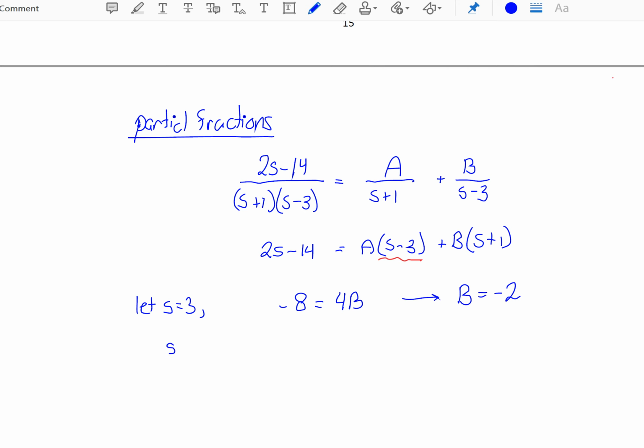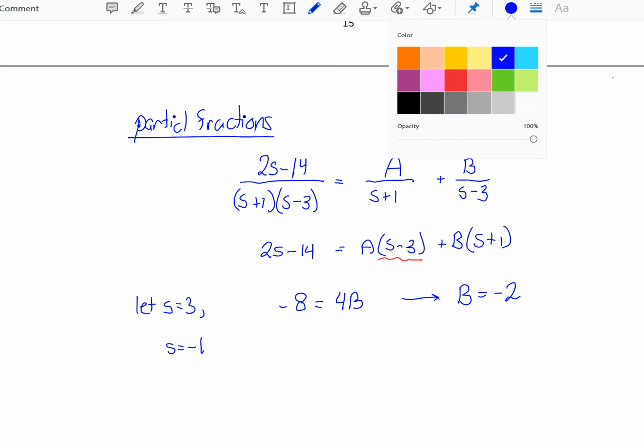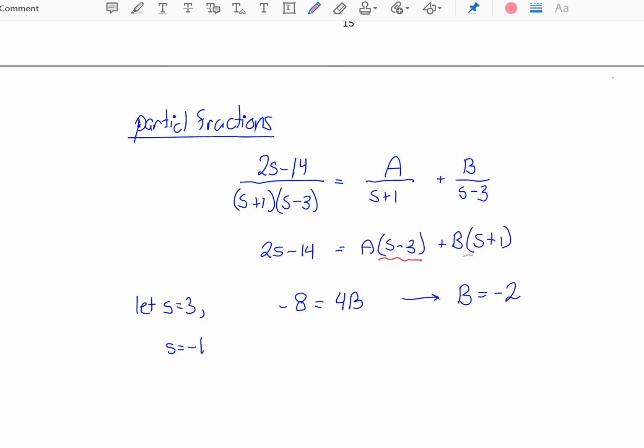Similarly, if we let s equal negative 1, we're making this factor go away. Now if s is negative 1, on the left-hand side, 2 times negative 1 is negative 2, minus 14 is negative 16, equals. If s is negative 1, then we get negative 4a. And again, this term turns into 0.